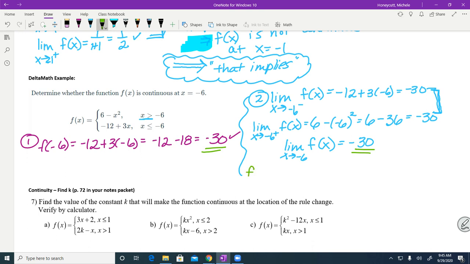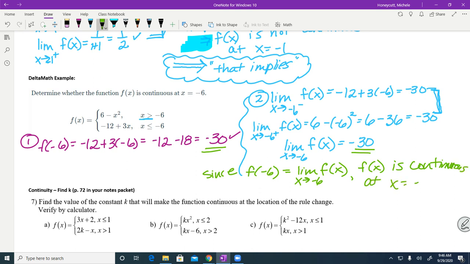So since f of negative 6 is equal to the limit as x approaches negative 6 of f of x, and that is true, f of x is continuous at x equals negative 6.